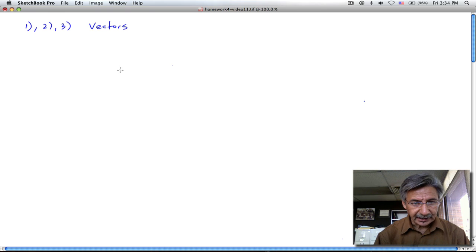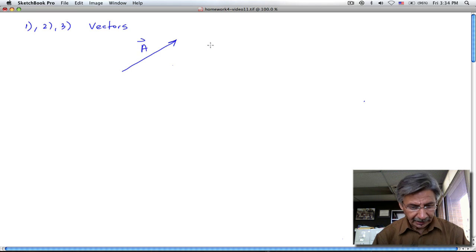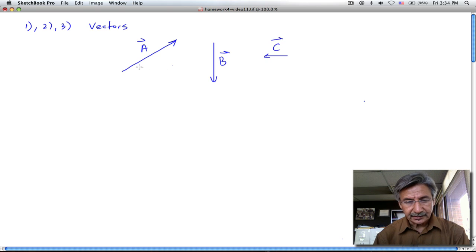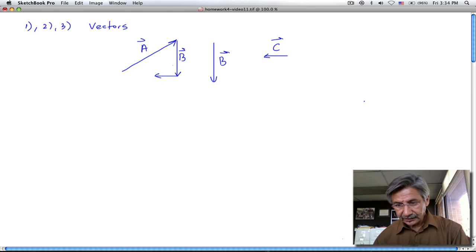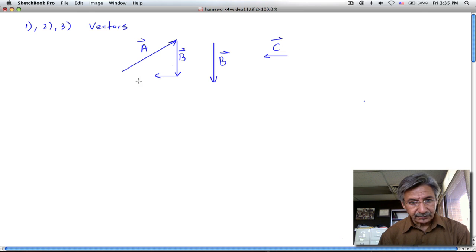So, for example, in the case of problem number 2, in which you have a vector in that direction, and then you have another vector in this direction, and then you have another vector in this direction, I remind you that to add them graphically, you can always take the vector A, and then you can take B, and you can add B here, and you can take C and translate it, and add it to here, and then the resultant vector, the sum vector, is of course this vector over here.